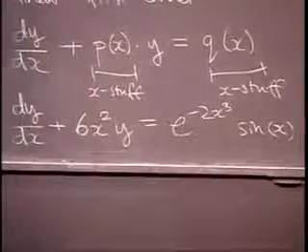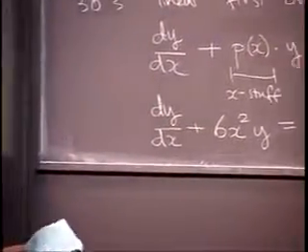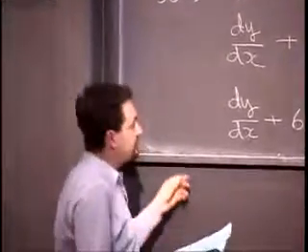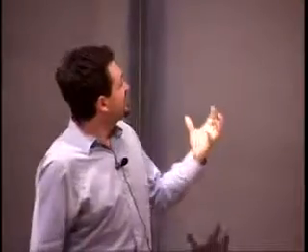Now, this form, you may have to manipulate the equation to get it into that form. And I'll show you an example of that in a little while. Why is it linear again is the question. The answer is that it's just dy dx plus something times y. So it's like a linear function in dy dx and in y, where the coefficients are functions of x. Right?